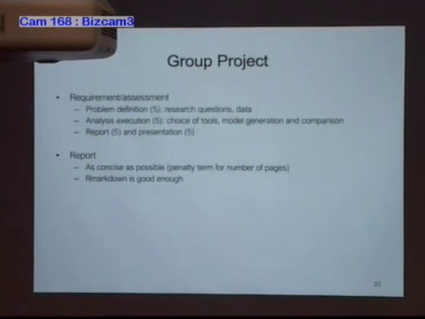For the report, I expect a concise report. So I'm imposing a penalty term on that. That's regularization, right? Just like in the exam, I have a regularization for the exam time. There's a penalty for extra pages. How many pages will have no penalty?